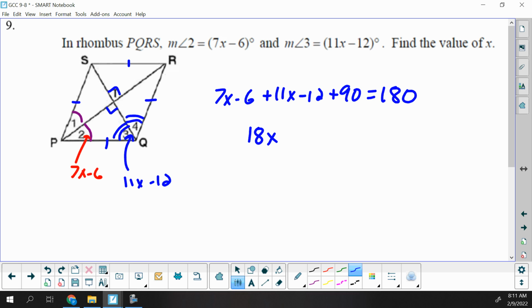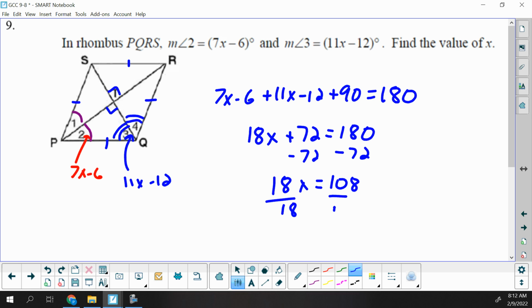Negative 6 and negative 12 is negative 18. When you add it to the 90, that's 72. Subtract the 72 over. So you get 18x is equal to 108. And when you divide by 18, we get x is just 6. Reread the question. That's all we wanted. So we just need to circle that.